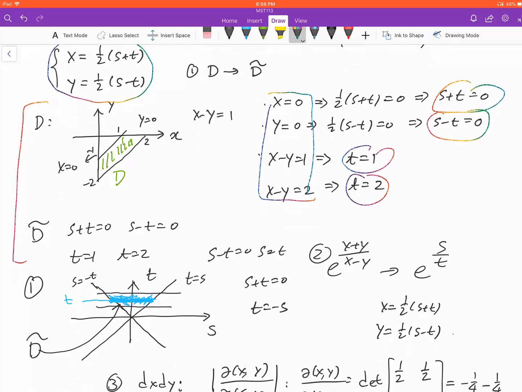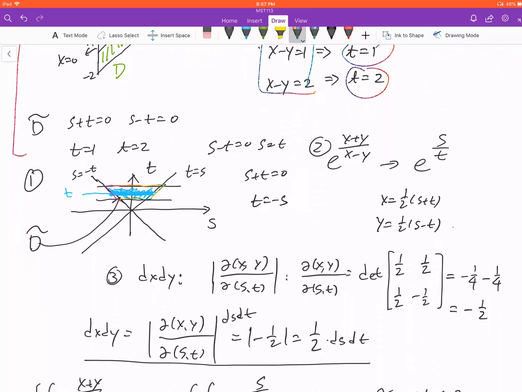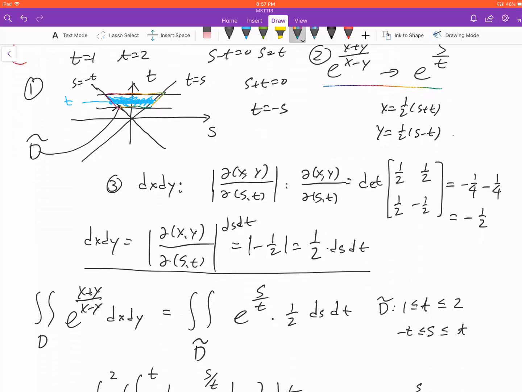Then we re-sketch the diagram of this new domain, D tilde. Then we transform the integrand, calculate the Jacobian by looking at the partial derivatives, and change the dx dy part.